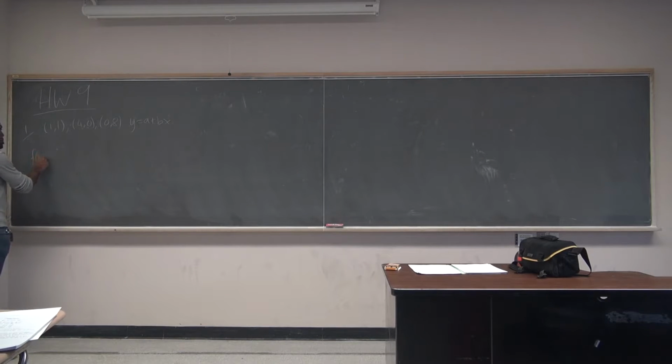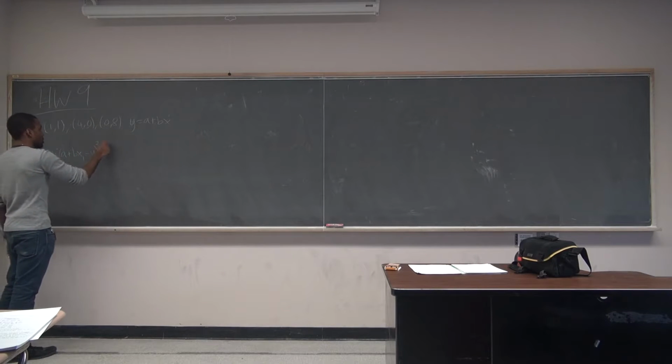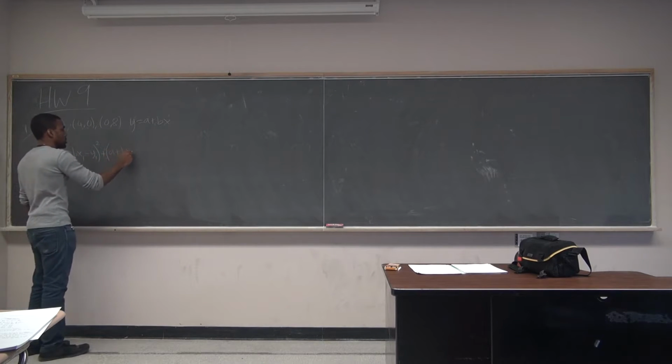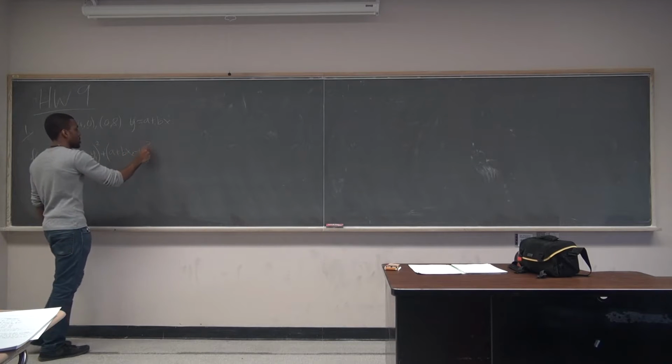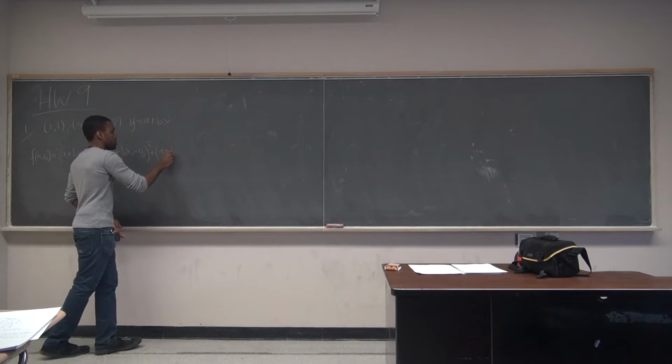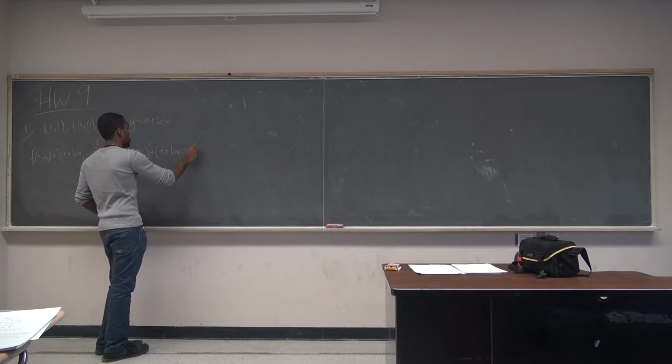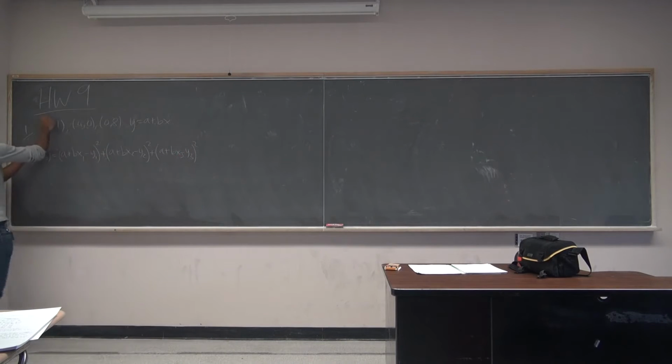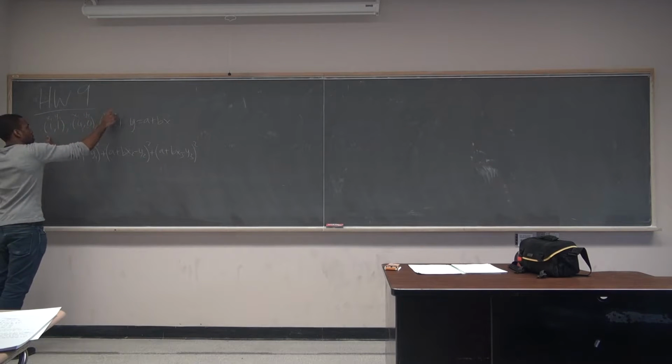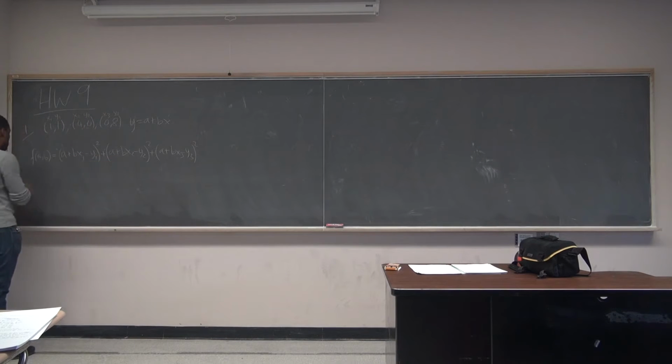Remember, what was that formula for fitness? f(a, b) equals (a plus bx1 minus y1) squared, plus (a plus bx2 minus y2) squared, plus (a plus bx3 minus y3) squared. Right, so this is just x1, y1, x2, y2, x3, y3. Basically just plug them in here.